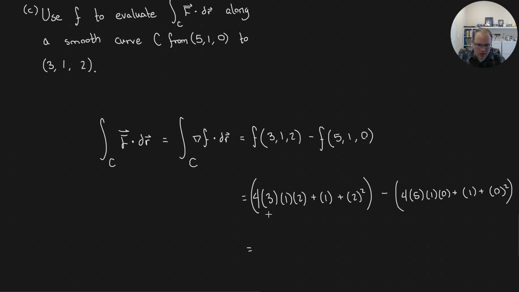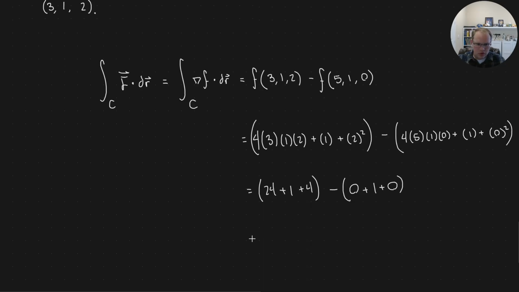And I get over here 4 times 3 is 12, times 1, times 2, that's 24, plus 1 plus 4, minus, over here I get a 0 in that product, so that's 0 plus 1 plus 0. So I get 24 plus 1 plus 4 minus 1, that's going to be 28.